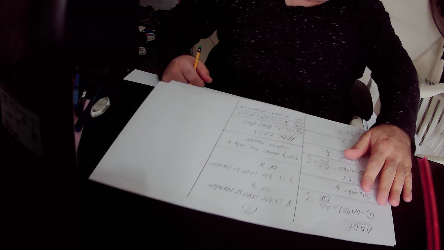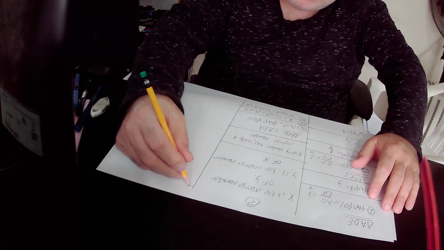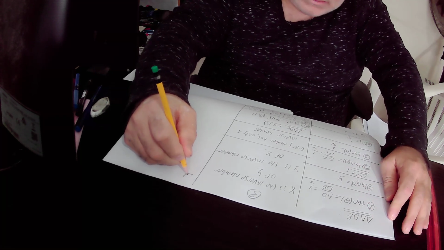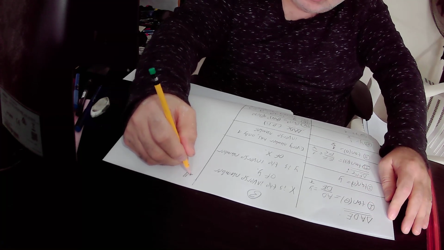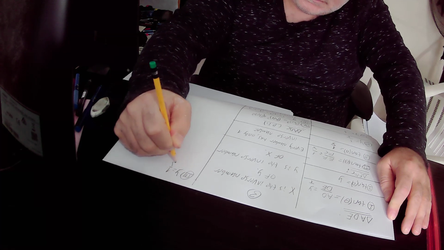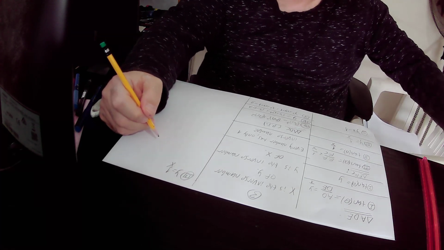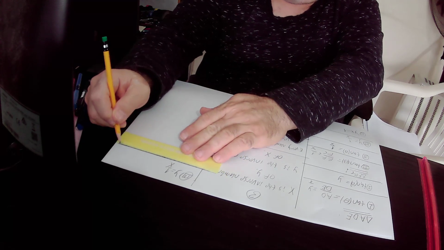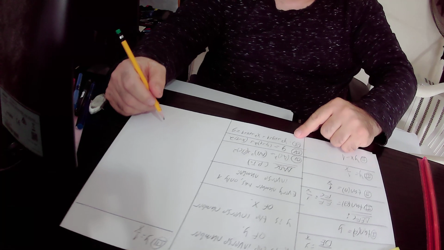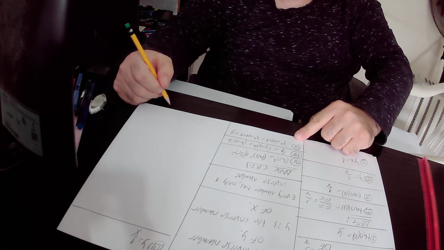But according to equation number 3, we have already found out that y equals 1 over x. Therefore, we can substitute y in equation number 4 by 1 over x.